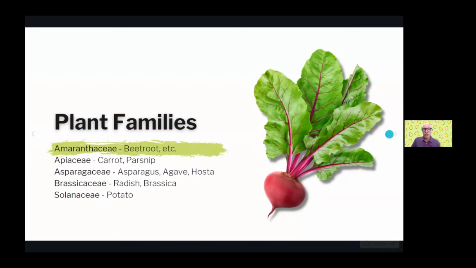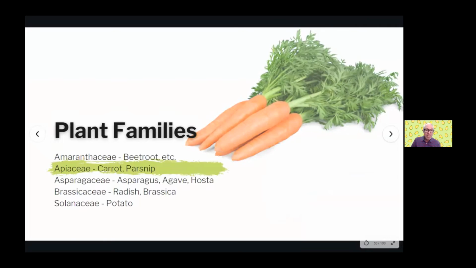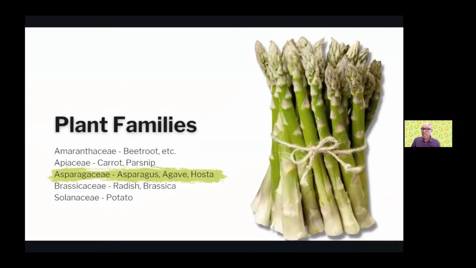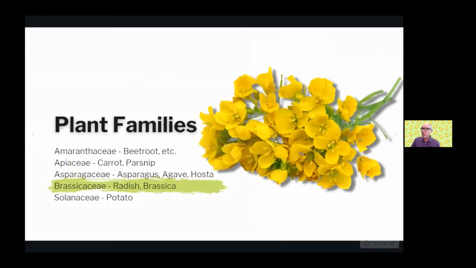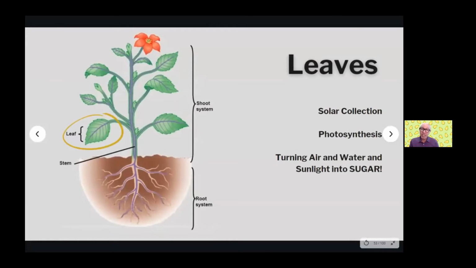We saw the beetroots and the Amaranthaceae, the carrots and the Apiaceae, asparagus, all of these stems and roots that we've looked at, the flowers of the cruciferous, the Brassicaceae family, and the deadly Solanaceae, the deadly nightshade family. So we'll meet these again when we move up the plant a little bit further and into the leaves.